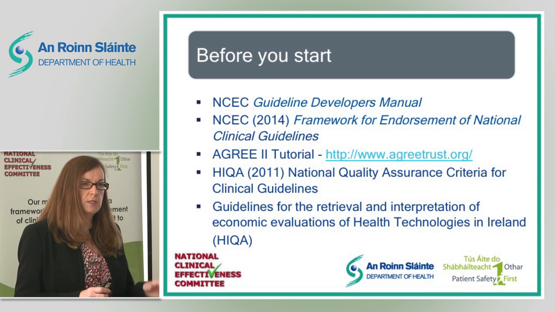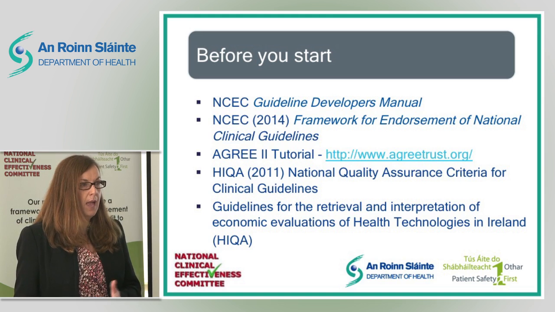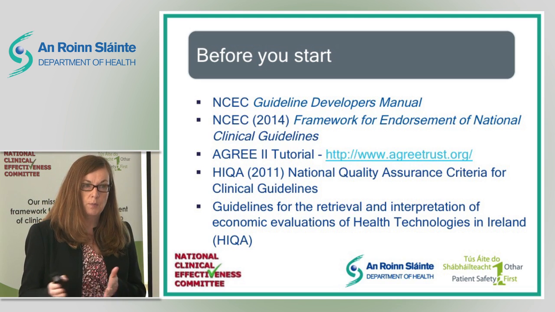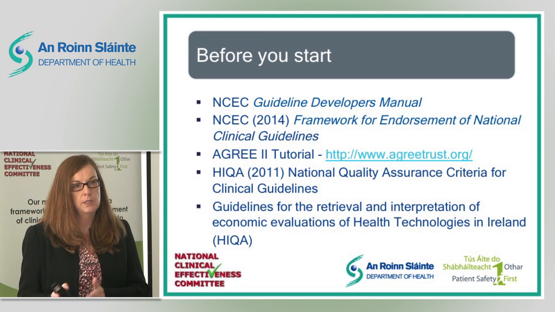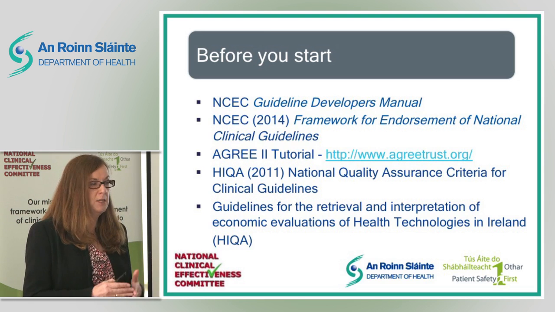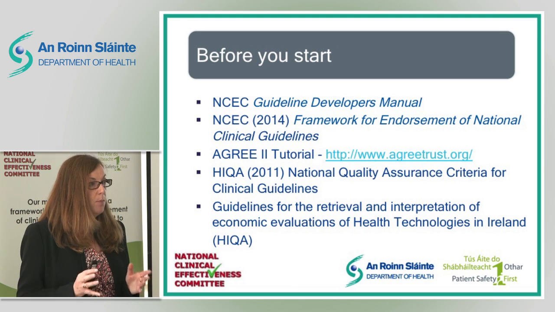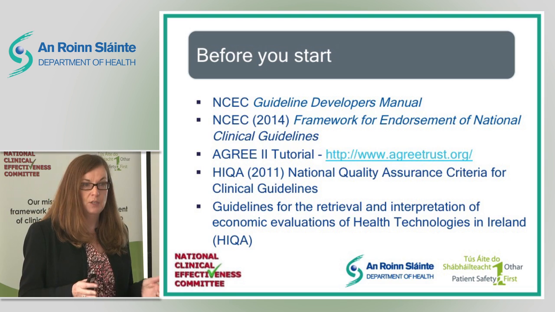And I'll mention the timing because for those of you who are looking for endorsement this year, particularly I'll take the example of the PEWS guidelines. In order for us to put it through our processes, as you can see there, the quality assurance and endorsement, we will need this a number of months before the planned final date. So in some ways, a project management approach is really helpful to your guidelines.